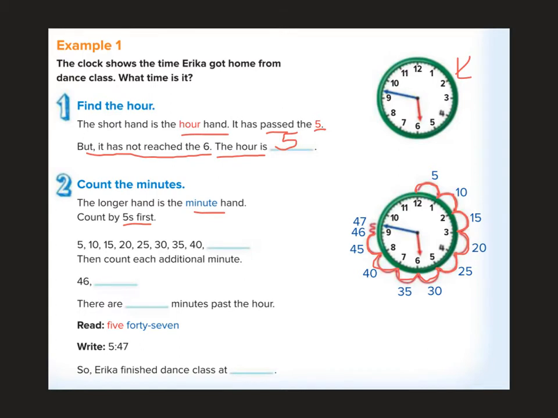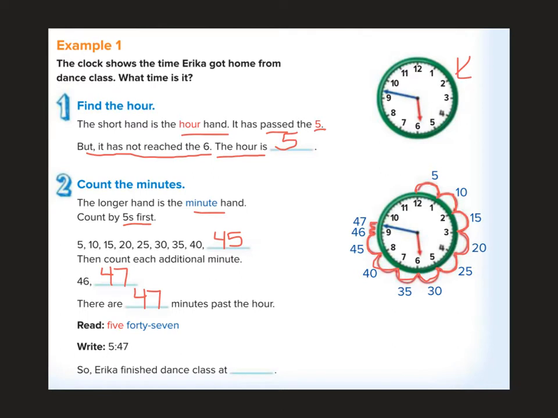The 9 means 45, which is 5 times 9, so that's a connection we can make there. And then I have to count 46, 47. There are 47 minutes past the hour.